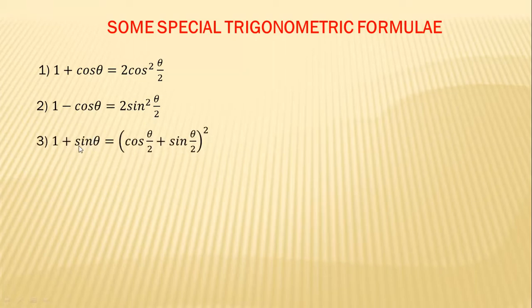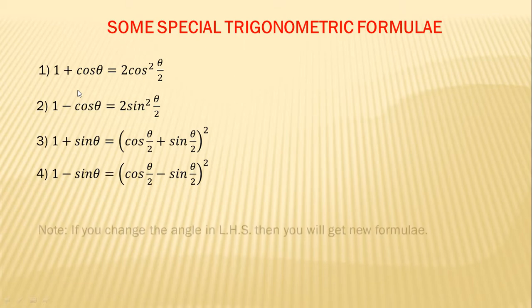Then the third formula is 1 plus sin theta is equal to (cos theta by 2 plus sin theta by 2) whole square. And the fourth one is 1 minus sin theta is equal to (cos theta by 2 minus sin theta by 2) whole square. All these four formulae are related to multiple angles formula, meaning double angle or half angle formula.